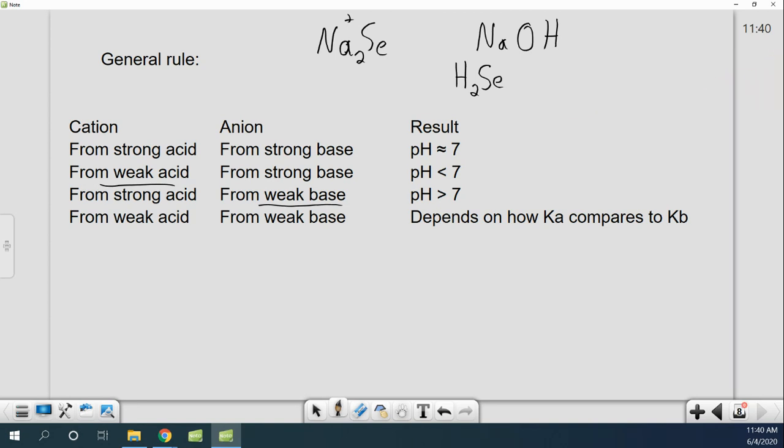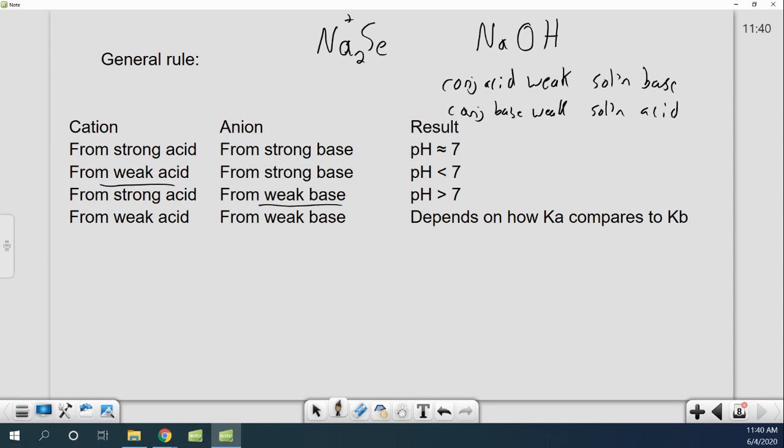So if the conjugate acid is weak, then the solution is basic. If the conjugate base is weak, then your solution will be acidic.